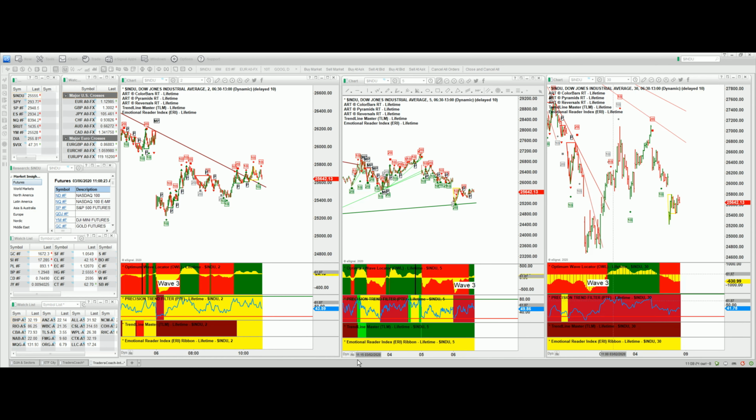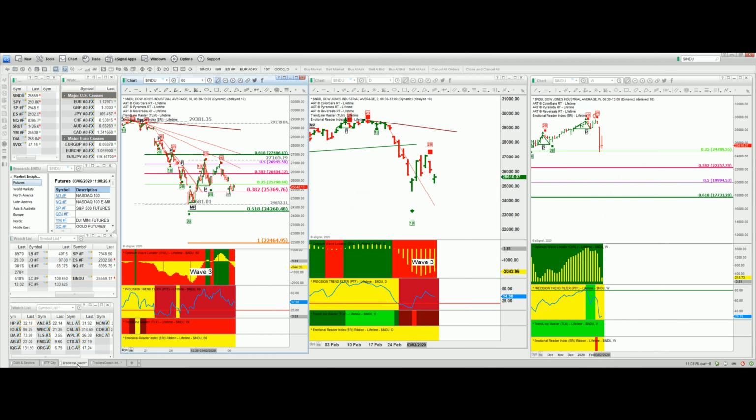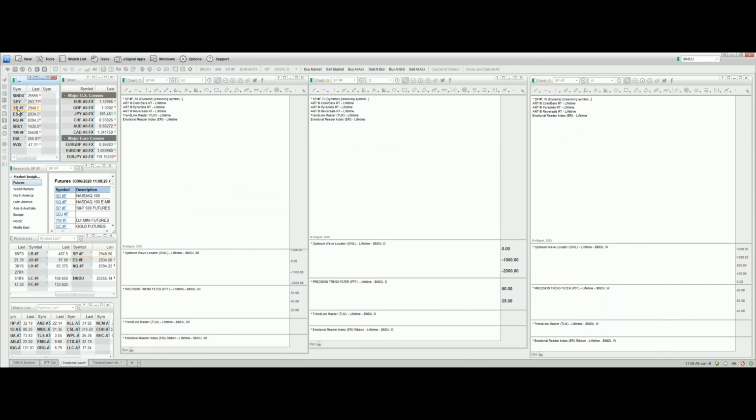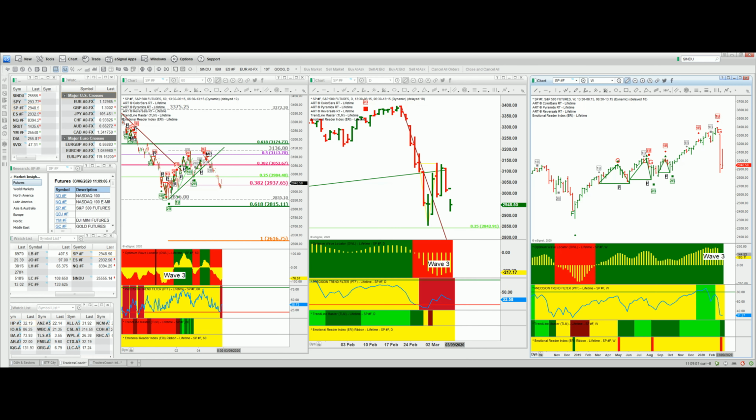Now, one last thing I want to take a look at is, of course, the S&P. A lot of people follow the S&P. Here are 3 charts for the S&P futures. This is the continuous contract. We have the 60-minute on the left, the daily in the center, and the weekly on the far right. They look very similar to the Dow, which is not surprising.